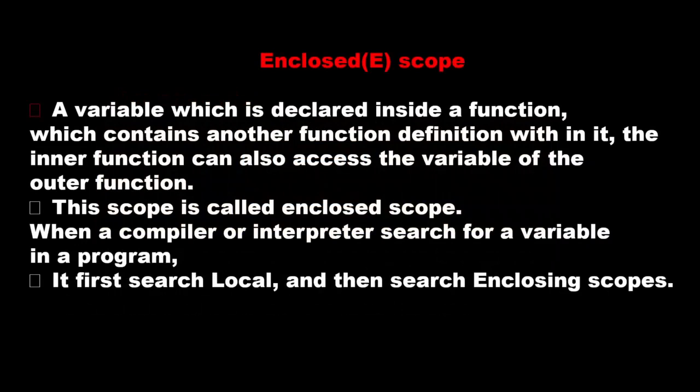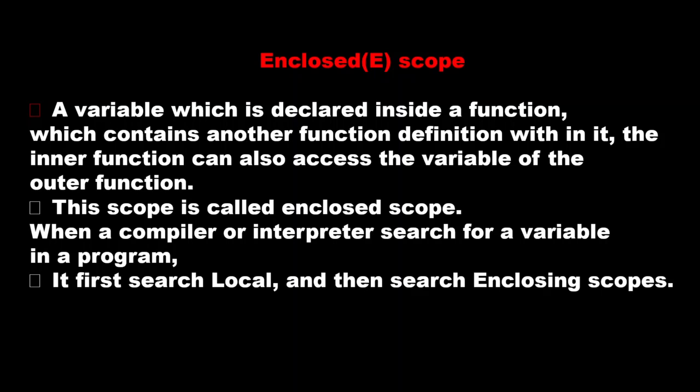Next one is the enclosed scope variable. A variable which is declared inside a function which contains another function definition within it. The inner function can also access the variable of the outer function. This scope is called enclosed scope.